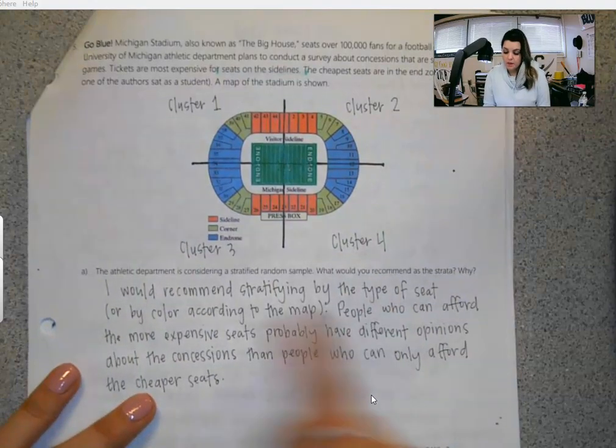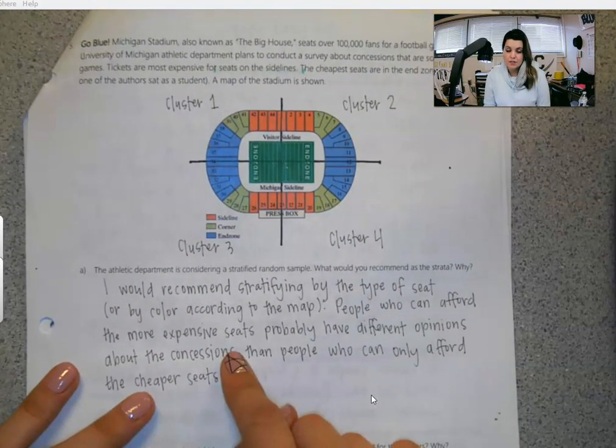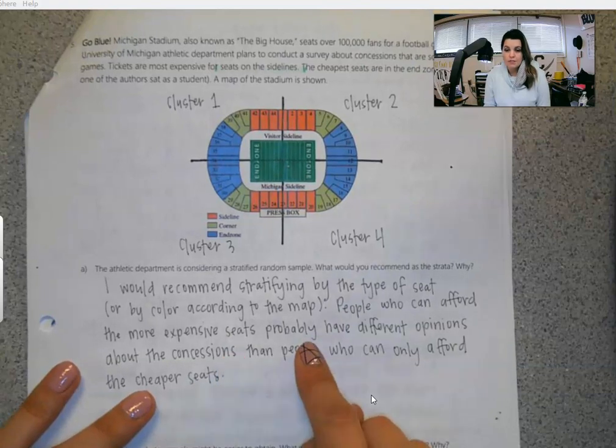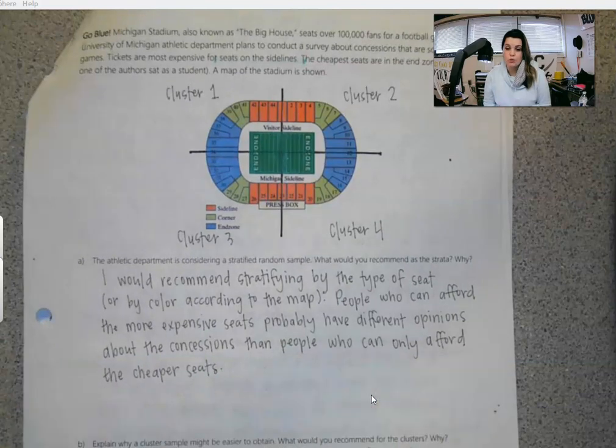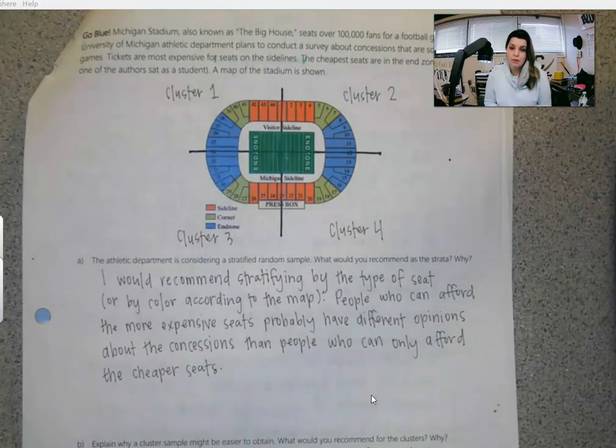Why? Because people who can afford more expensive seats probably have different opinions about the concessions than people who can afford cheaper seats. So I would imagine that if you have the more expensive seats, you probably have more money to spend on concessions.